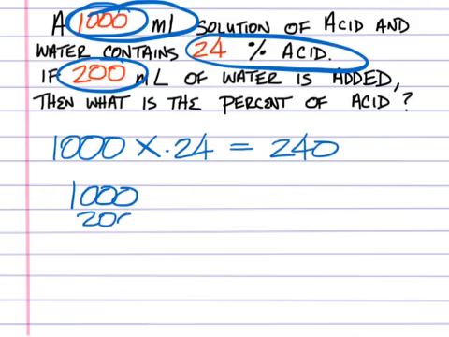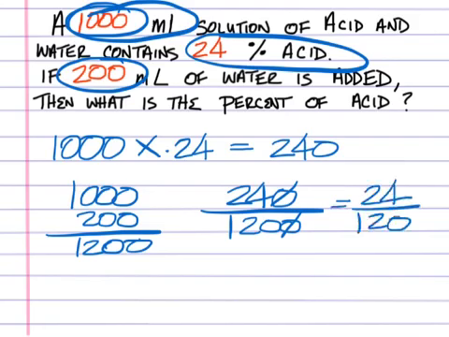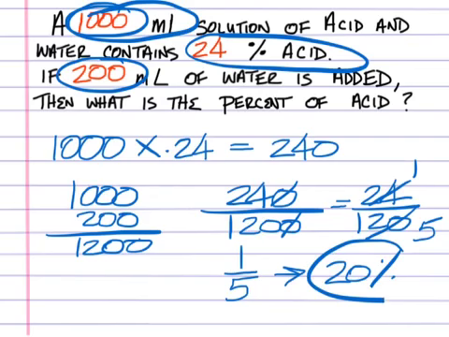When you do that, you come up with 1,200. So now divide the amount of acid, which is 240, by the total contents, 1,200, to find the percent of acid. You may not even need a calculator for this. If you cancel there, you have 24 over 120, and 24 into itself once, into 120 5 times, is a fraction of 1/5, and 1/5 as a percent is 20.